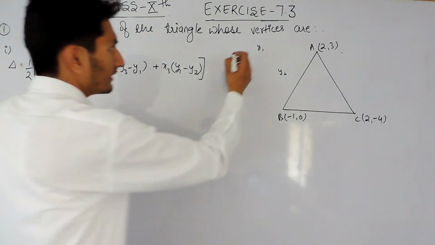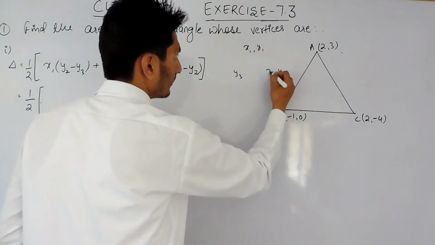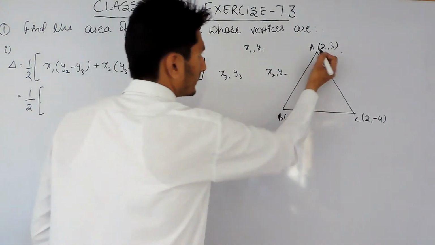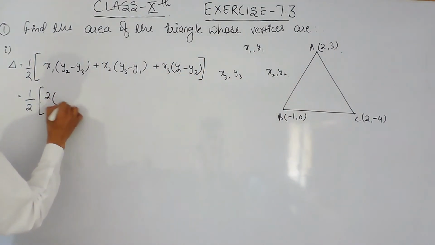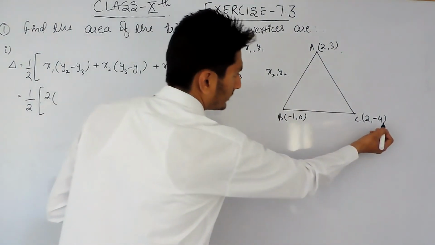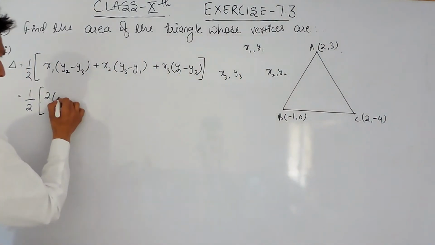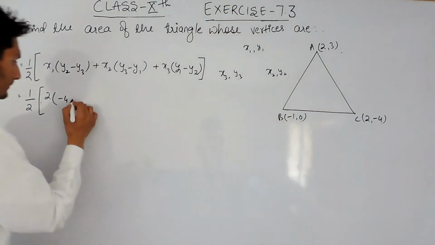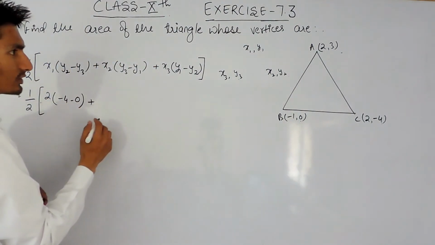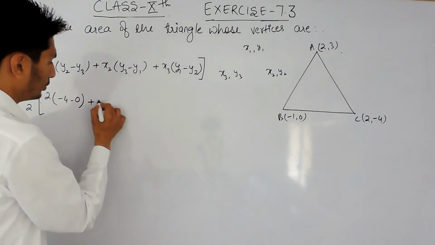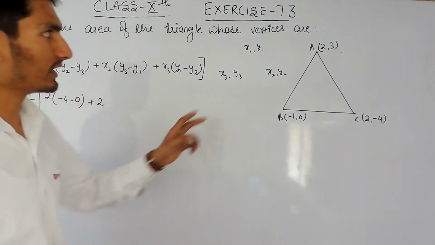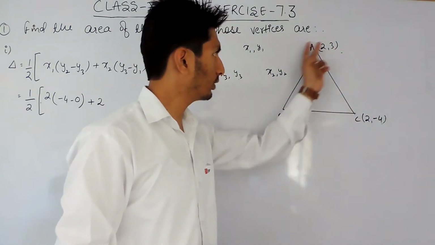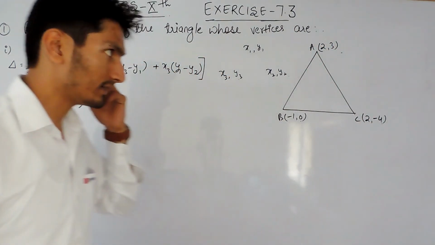What is our x1? It is 2 multiplied by what is our y2? It is minus 4. And what is our y3? It is 0. Plus our x2 is 2, because we have supposed that these are the coordinates for these 3 points.